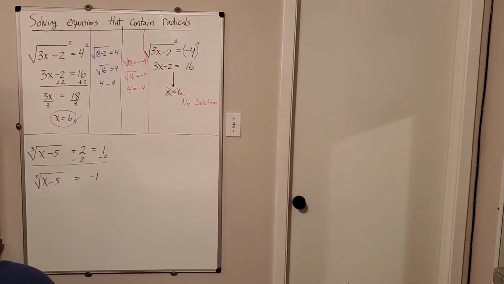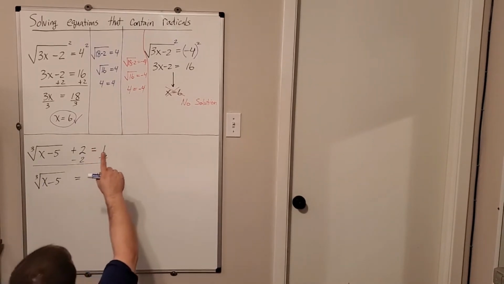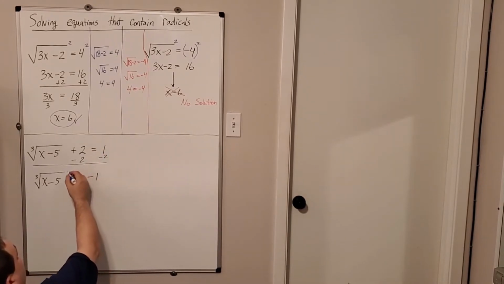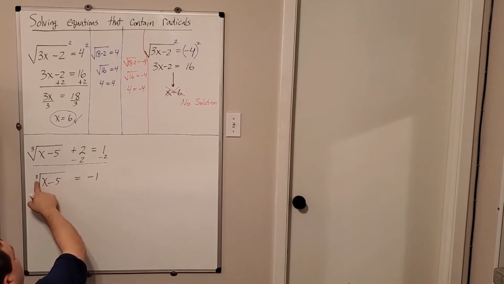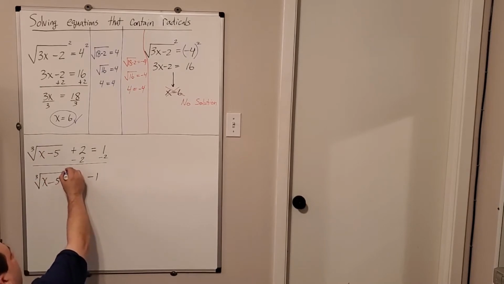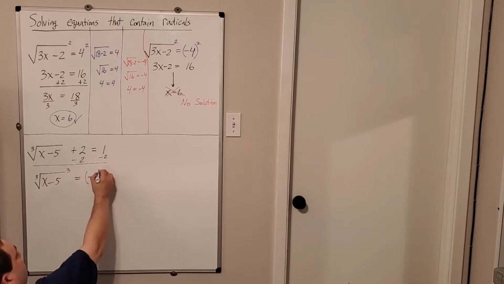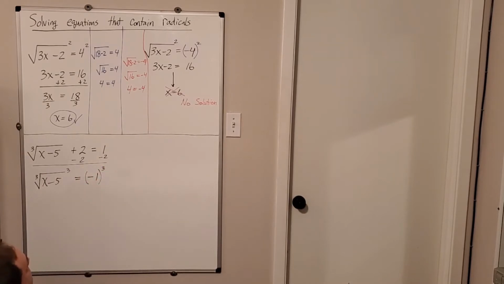Okay, fine. Now I've got the same structure of equation as the ones up there. So I'm going to want to do a power. That's the opposite of the root number. Instead of square root, now we've got third root, so I'll do third power. But I've got to do that to both sides. So third power. Where does that land me?